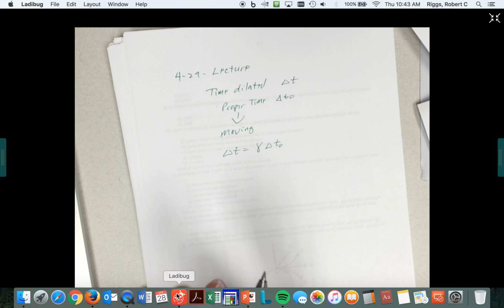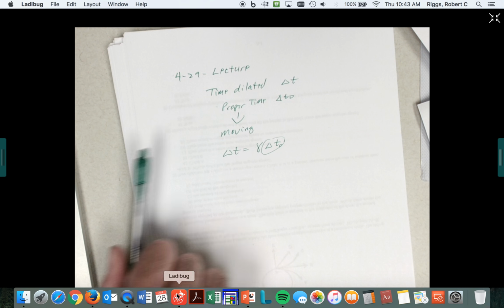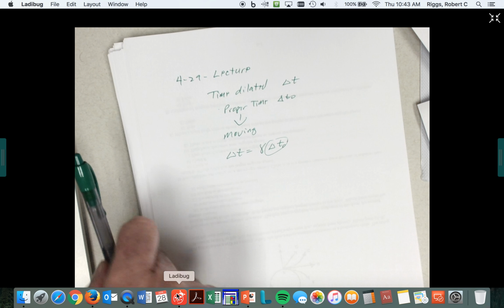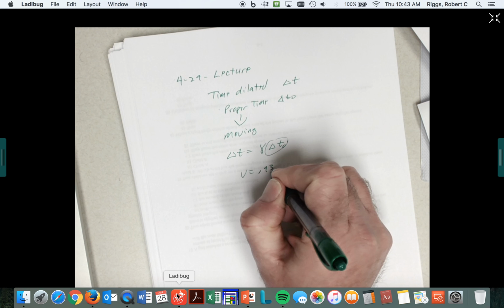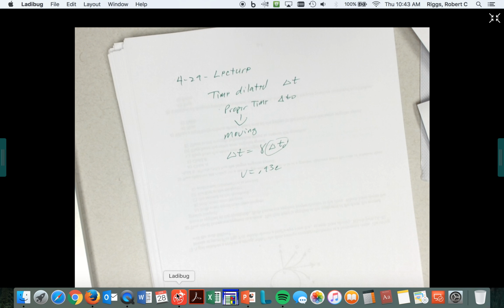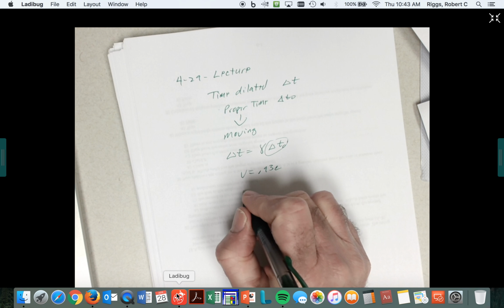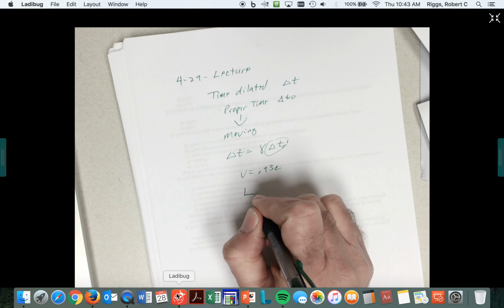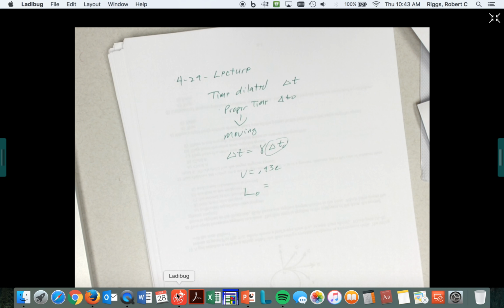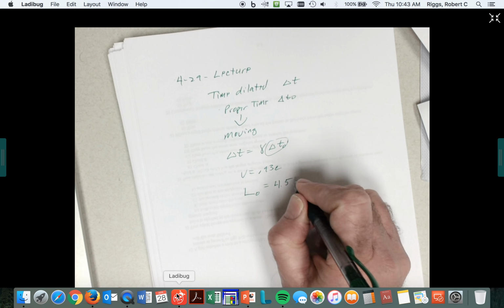This is time dilation. If I'm in the moving ship, in the proper time, cruising along at, say, v equals 0.93 c, and I'm going to Alpha Centauri, which is 4.5 light years away, then the proper length of Alpha Centauri is 4.5 light years.